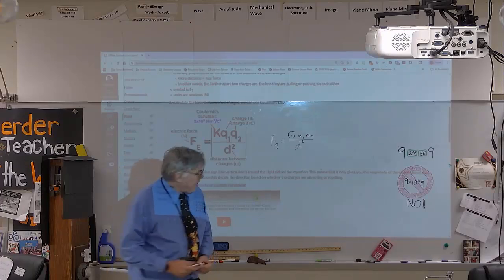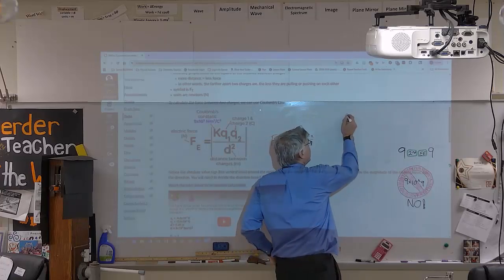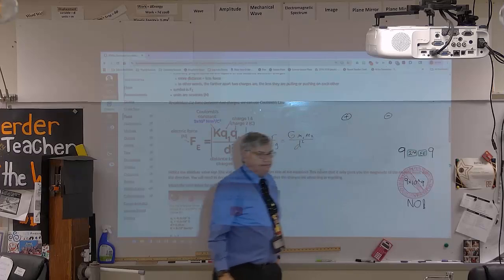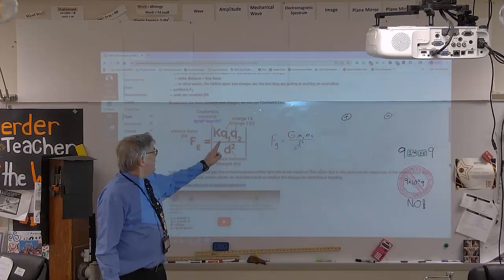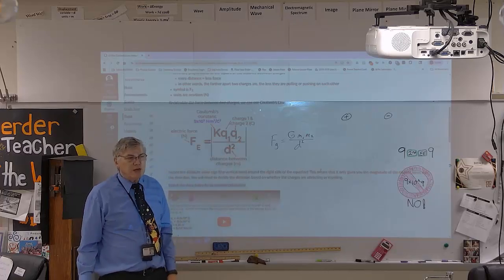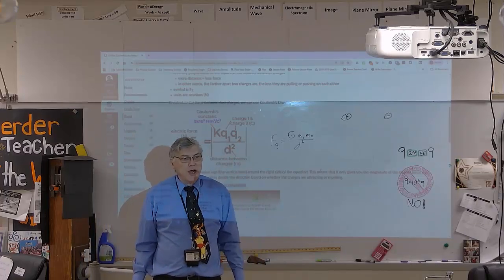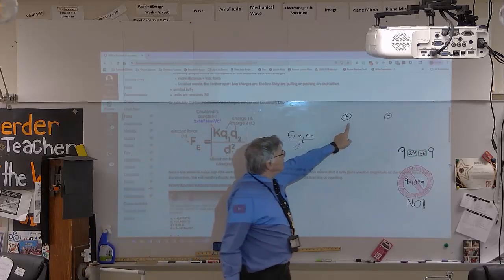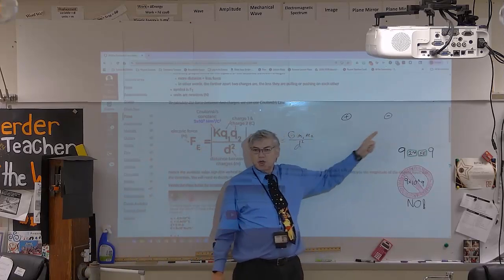So if I have 2 charged objects, plus and minus, if I multiply a plus and a minus together, I would get a minus, wouldn't I? So a minus would indicate on a number line which direction? That way. Okay? These 2 charges are attracted to each other because they're opposite.